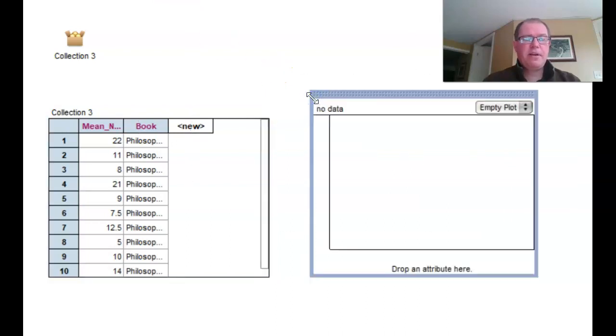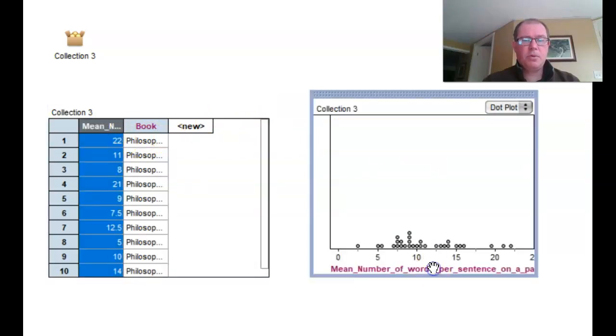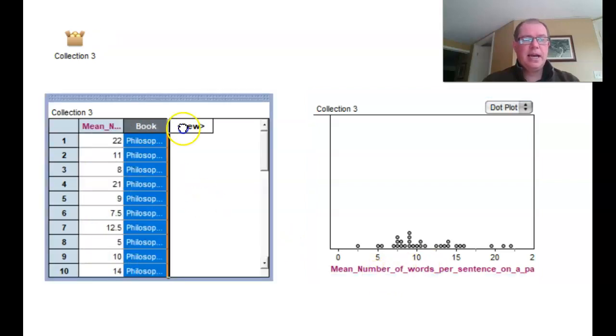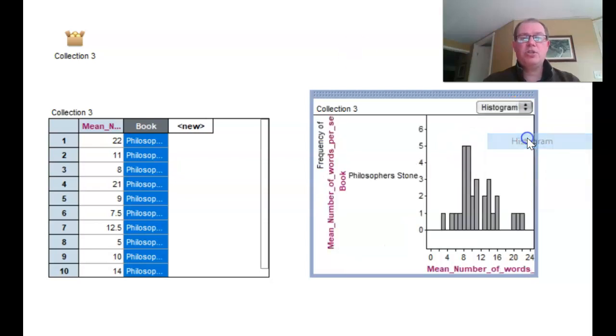Now the first graph I want to draw is a histogram. So what I'm going to do is put the mean number of words per sentence on the horizontal axis, and I'll put the book on the vertical axis so it's nicely labeled. It just needs a title. So now I can copy this into my Word document ready for my statistical report, and I want to choose a histogram.